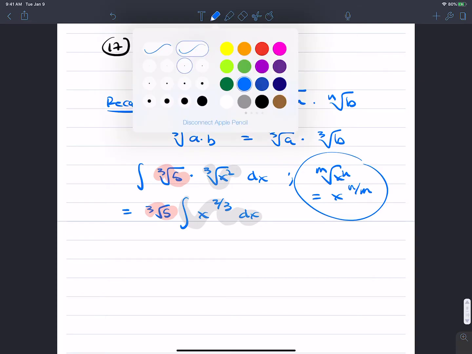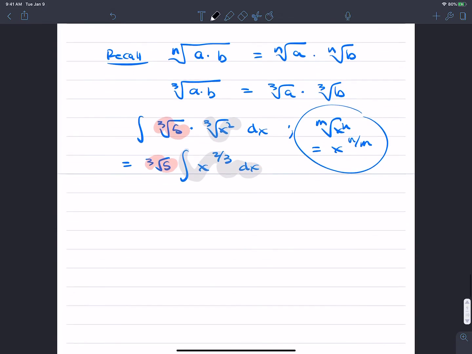So we'll get, let's put this here now. Let's do this integration now here. 3 square root of 5 now times x to the 2/3 plus 1 over 2/3 plus 1. Yes, you got plus a c if you want to do it that way. Or if you guys know you're going to distribute at the end anyway, we could just simply say, hey, plus c out here at the end.